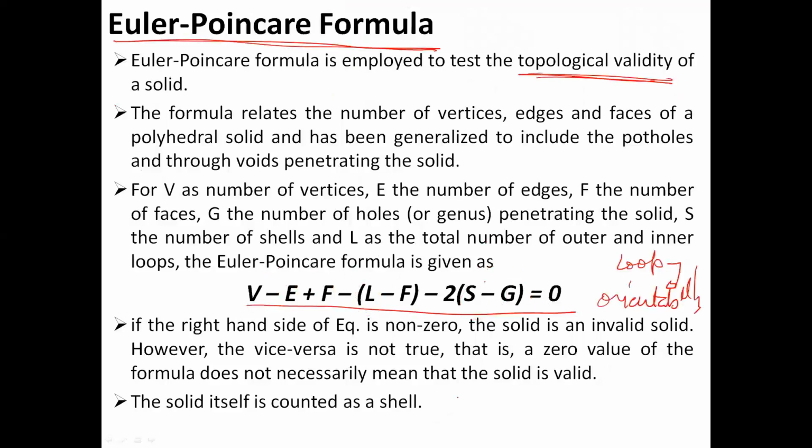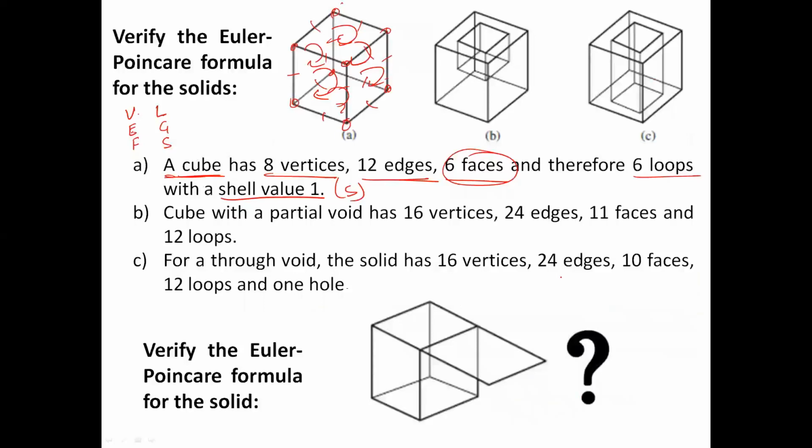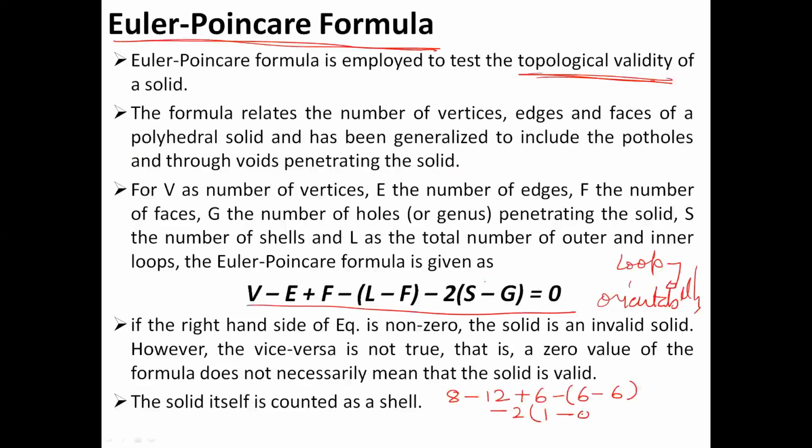So you already know what the values are. How many vertices were there? 8. How many edges? 12. How many faces? 6. Minus how many loops? 6. Minus how many faces? 6. Minus 2 times how many shells? 1. Is there any genus available in the figure? No, sir. There is no through hole, so genus is equal to 0.